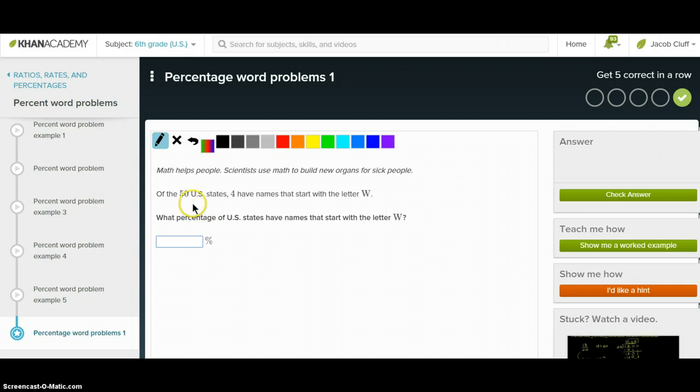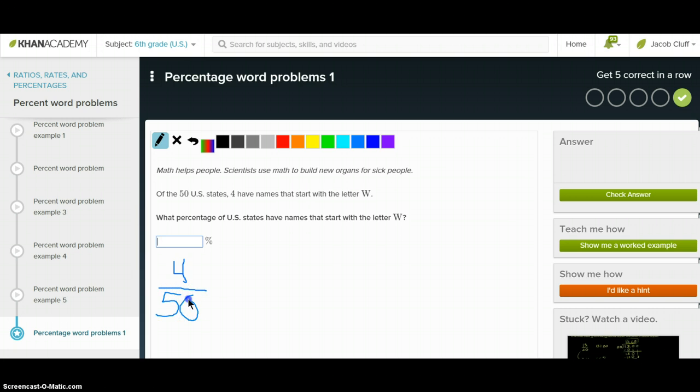Alright, in this next problem, let's see. Of the 50 states, 4 have names that start with W. What percentage start with W? So we can do something very similar. We have 4 divided by 50.